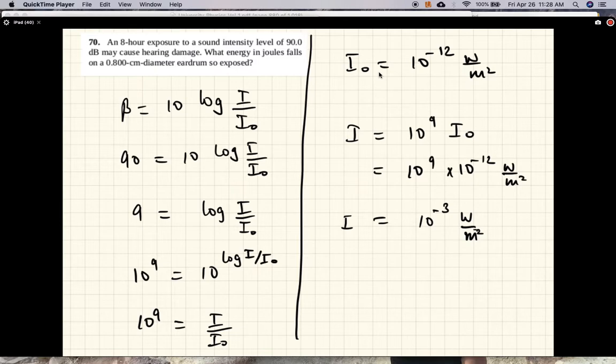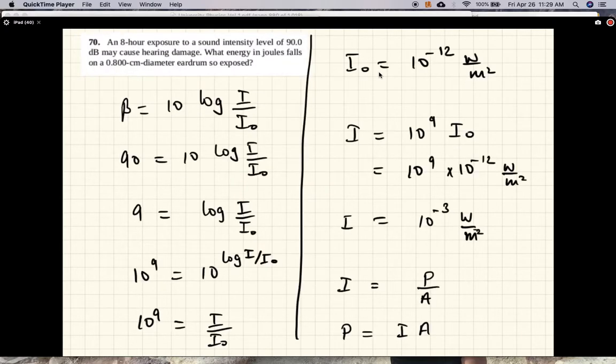Okay. Now intensity is power over area. So the rate at which energy is falling on the eardrum is I times the area of the eardrum.